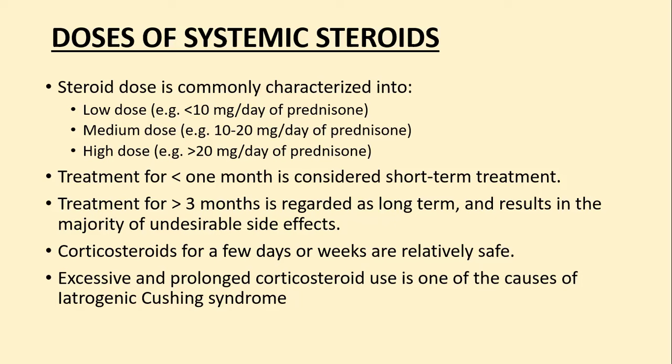Corticosteroids for a few days are relatively safe, and there are fewer chances of any steroid-induced side effects. Excessive and prolonged corticosteroid use is one of the causes of iatrogenic Cushing syndrome.